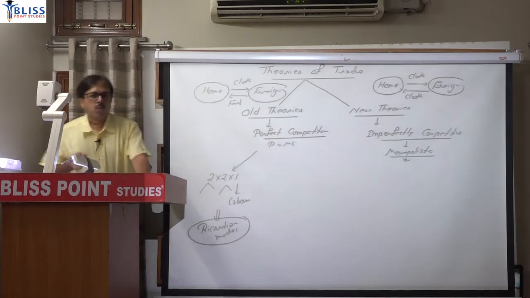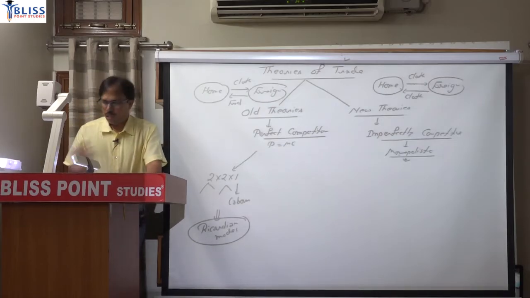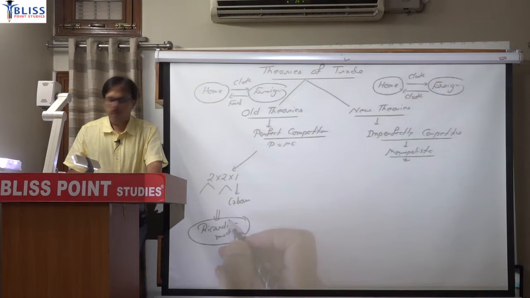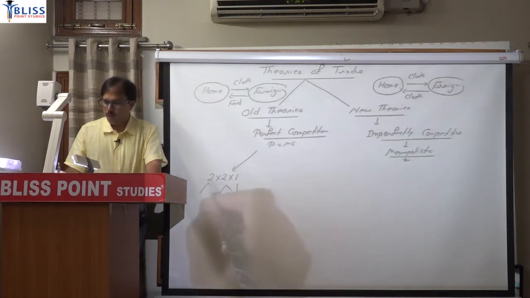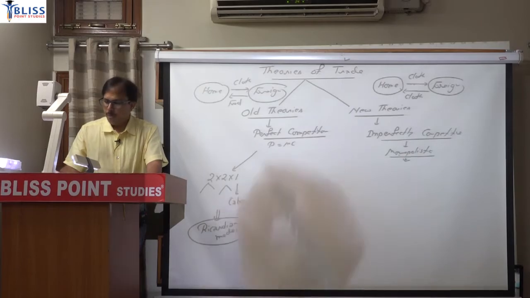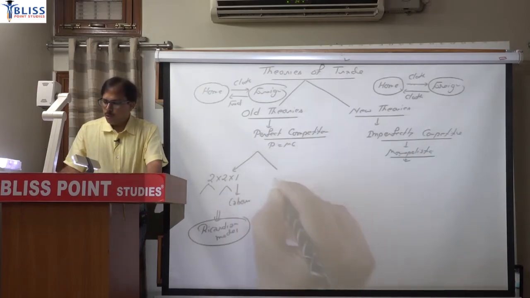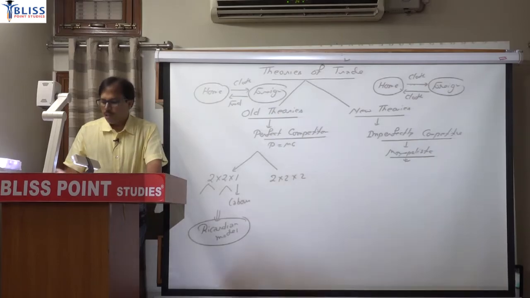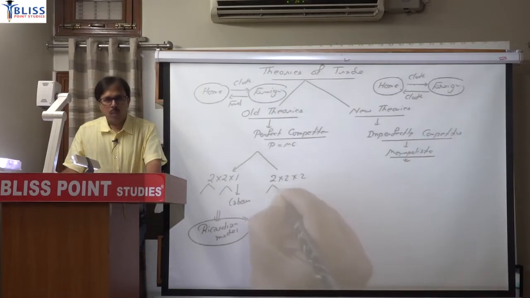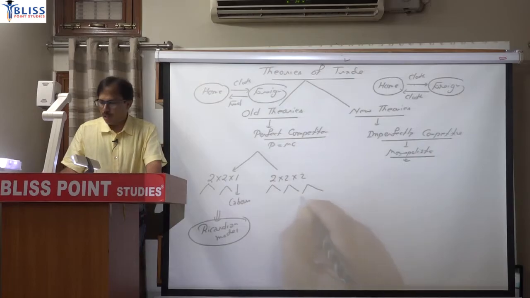Adam Smith's absolute cost advantage will be added with this. So mainly the first important model will be the Ricardian model, which will be based on the assumption of the 2 by 2 by 1 model. Then we will proceed to the 2 by 2 by 2 model. There, trade between two countries producing two products, but by using two factors of production, and you can consider one is labor, the other is capital.